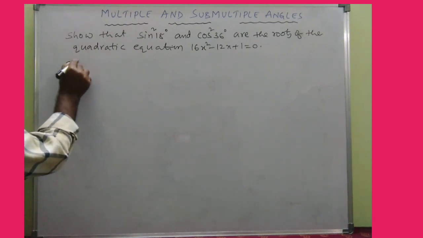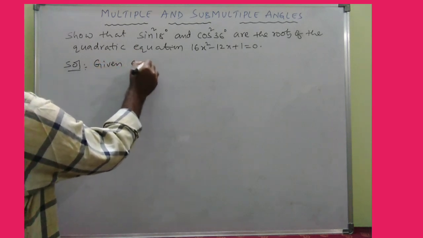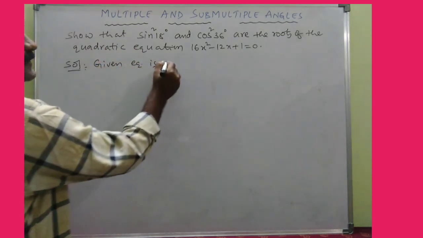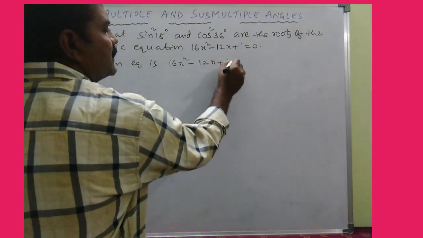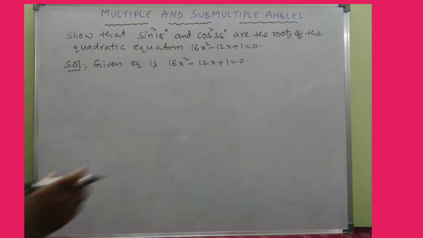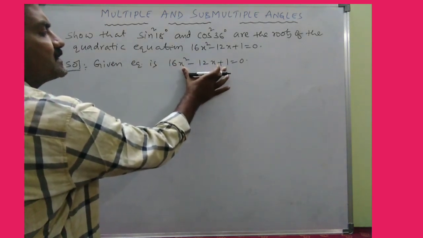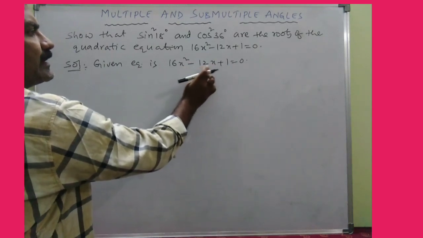Okay, so see what is the given equation. The given quadratic equation is 16x square minus 12x plus 1 is equal to 0. So do you have any roots here directly, I mean any factors? See, on multiplication we need to get 16x square, but on addition we need to get 12x.